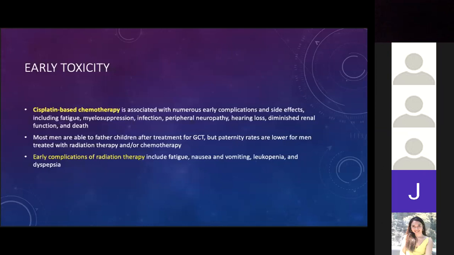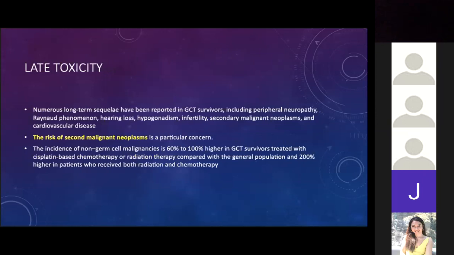Early complications of radiotherapy include fatigue, nausea, vomiting, leukopenia, and dyspepsia.